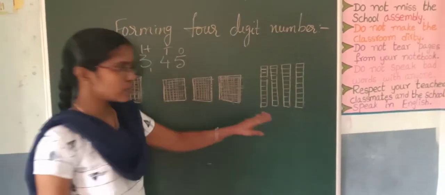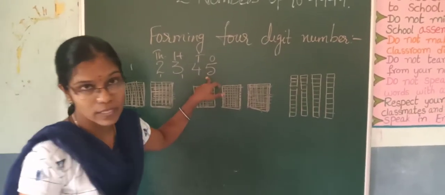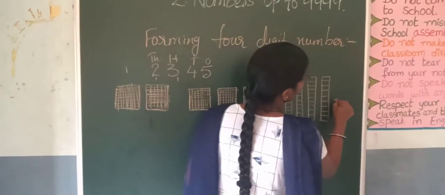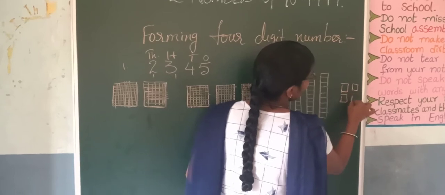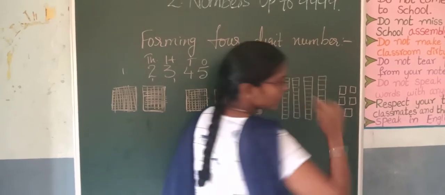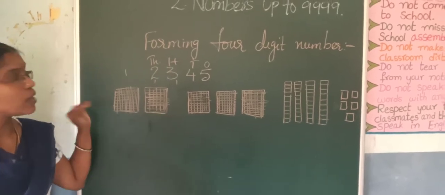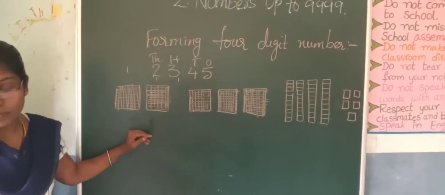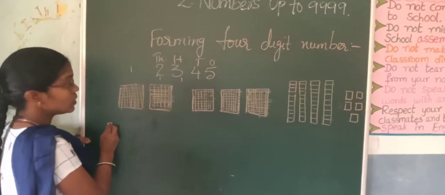It will be 4 tens. Again, how many ones boxes we have to draw here? 5. So 1, 2, 3, 4 and 5. So we have already drawn the boxes. Now how do you write the place values? See how many thousands are there? 2000.